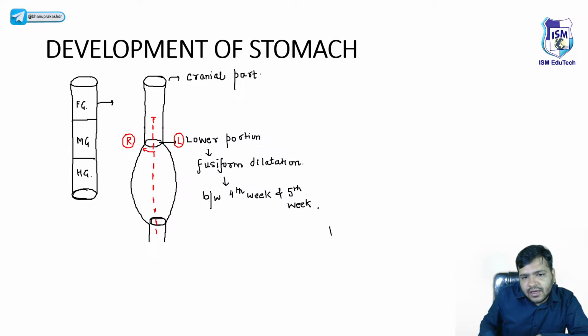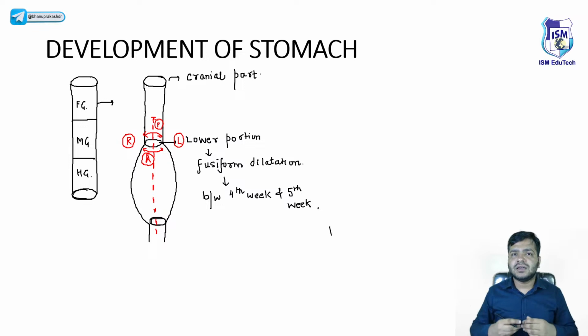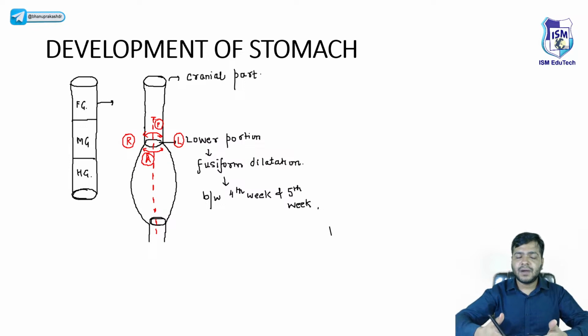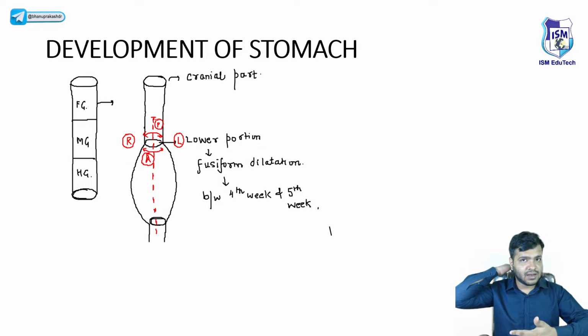आगे वाला हिस्सा क्या हो जाएगा? एंटीरियर. एंटीरियर का मतलब क्या होता है? आगे वाला हिस्सा. और पीछे वाला हिस्सा क्या हो जाएगा? पोस्टीरियर. तो अगर एक सिलेंडर को देखा जाए तो एक आगे वाला हिस्सा हो गया. We have the anterior part, that is the ventral part, and the dorsal part, that is the posterior part.